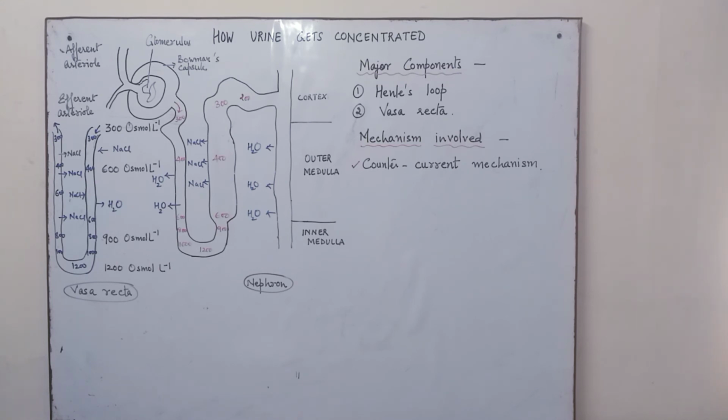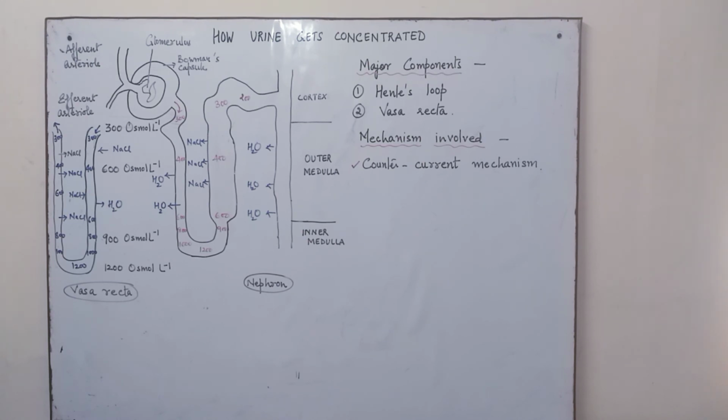Now, the counter current here is the transport of substances facilitated by the Henle's loop and vasa recta. It helps in maintaining the concentration gradient within the medullary interstitial fluid and allows the concentration of the urine, which finally passes through the collecting ducts with 200 osmolarity.